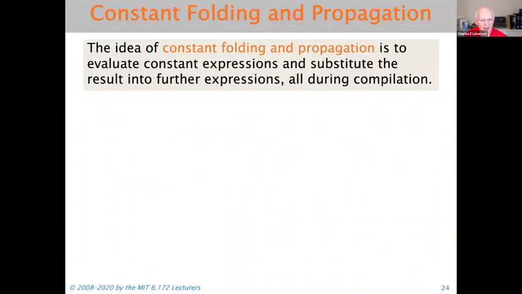The first one is what's called constant folding and propagation. By the way, many of these logic ones are used in compilers, so compilers will often do many of these things already. The reason you'll want to know them is because the compiler doesn't always do it.